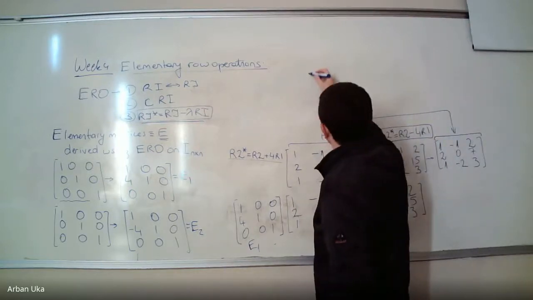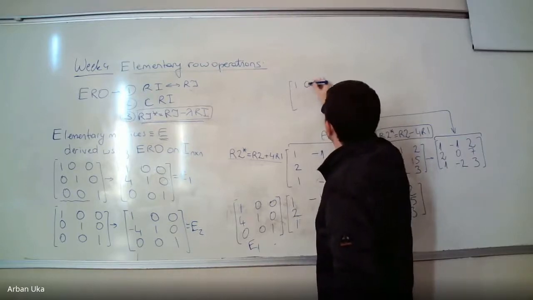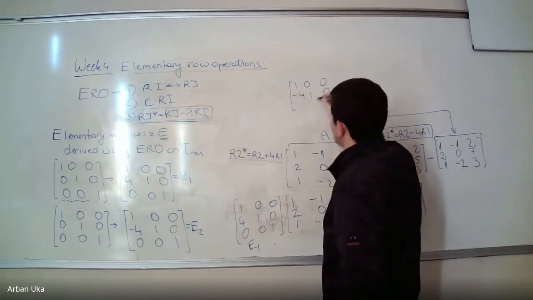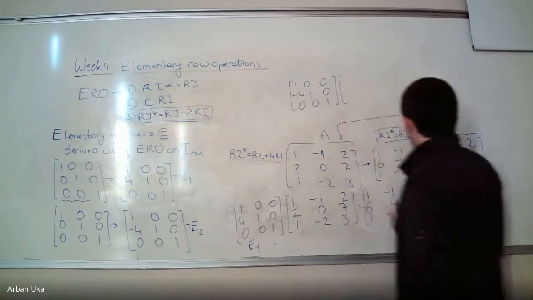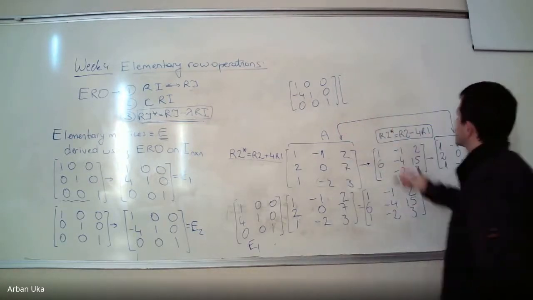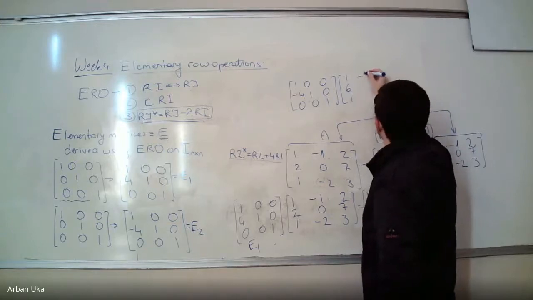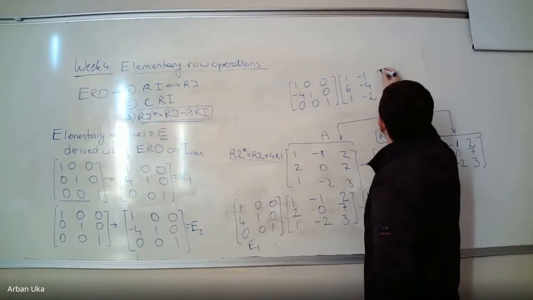So we have here 1 0 0, minus 4 1 0, 0 0 1, multiplying with this 1 6 1, minus 1 minus 4 minus 2, 2 15 3.